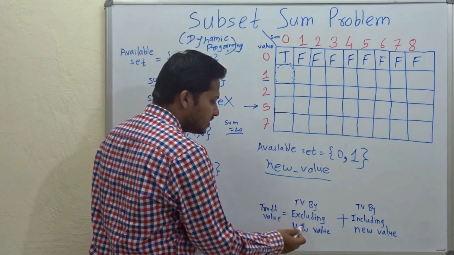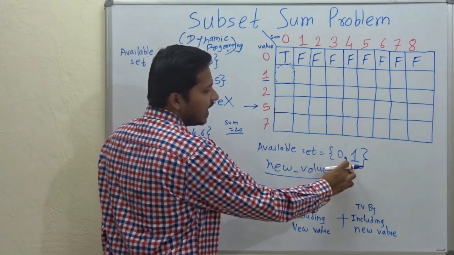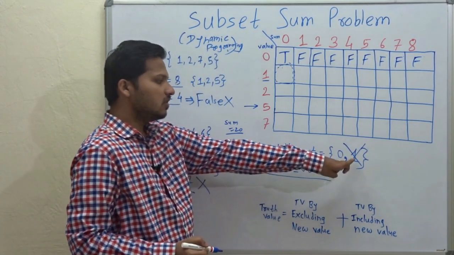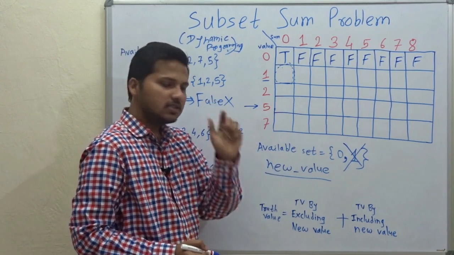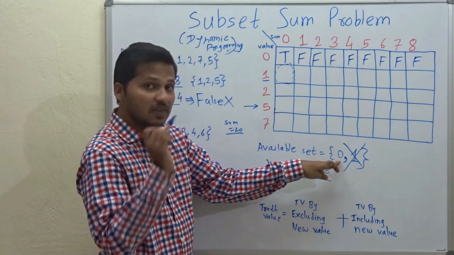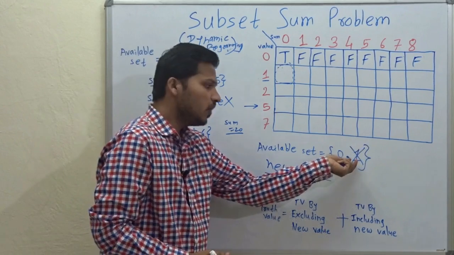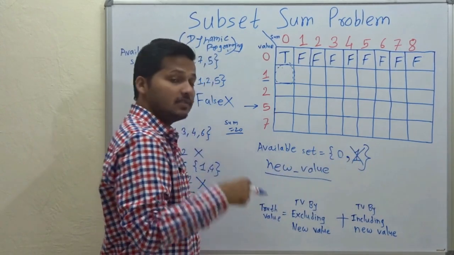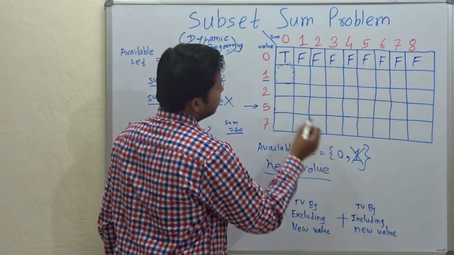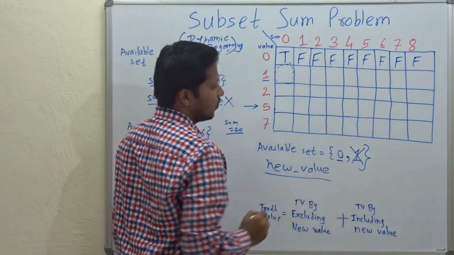Now first exclude the new value, means whatever 1 is added, just ignore that. Ignore the new value and consider you have only 0 in this set, only the previous set. Just exclude this new value. So if you exclude the new value, then the problem drills down to see whether you can form 0 by using 0.